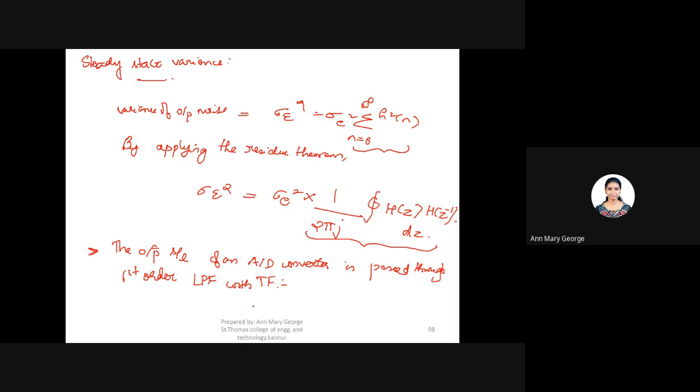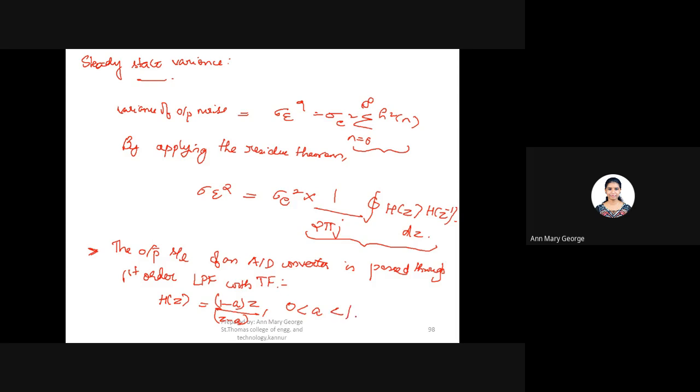The first order low pass filter with the transfer function h of z equal to 1 minus a into z by z minus a, for 0 less than a less than 1.